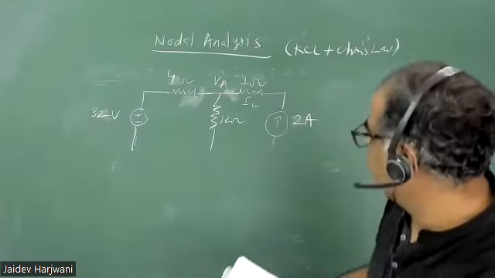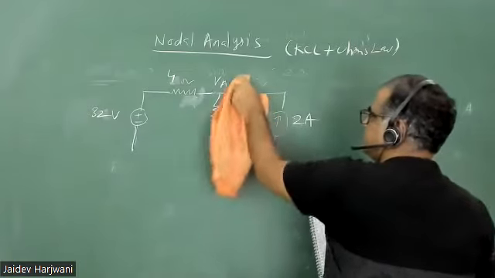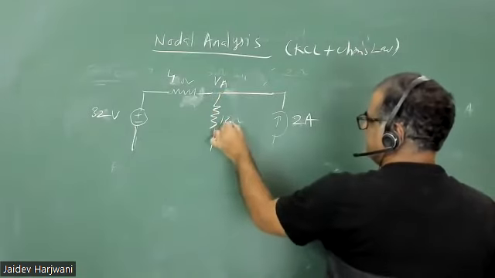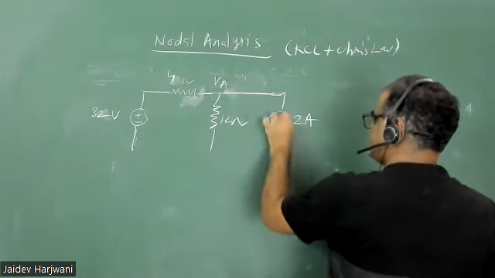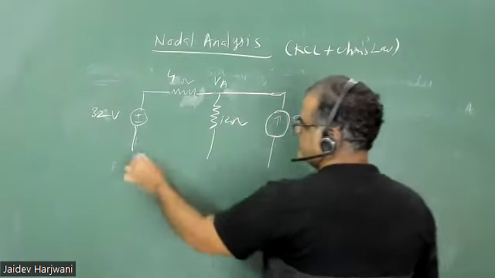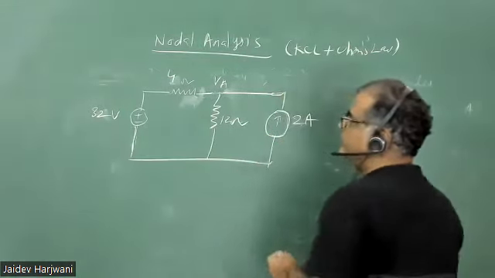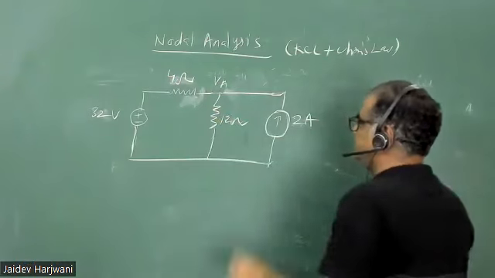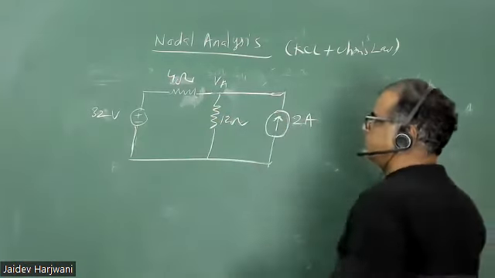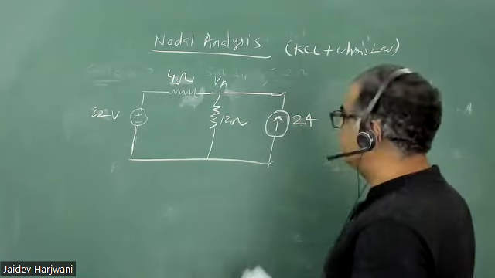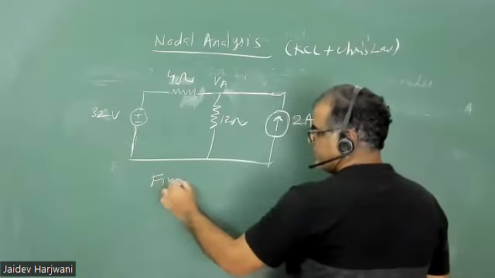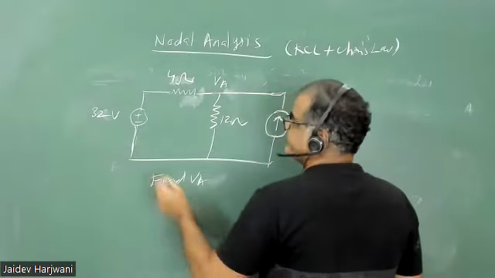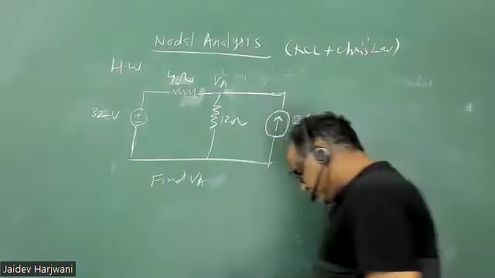Here there is no resistance. Find VA. That is your homework, and I'm giving you the answer also.